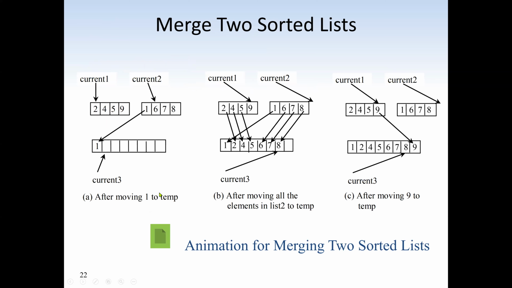So this is again an example here. We have current 1, current 2 and current 3. First thing we do after moving 1 to the temp, next we want to move 2. So we can have the 2, 4, 5 here, then 6, 7, 8.